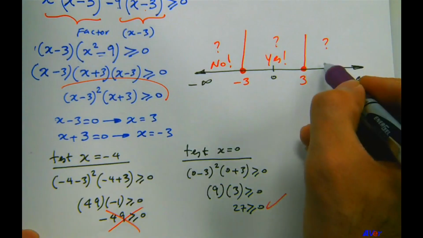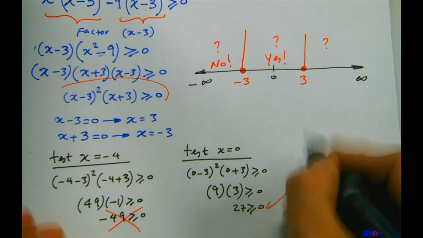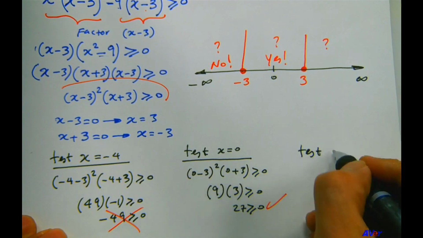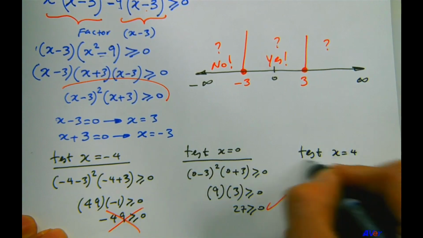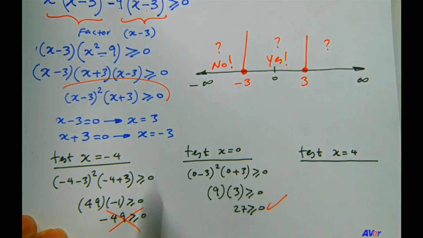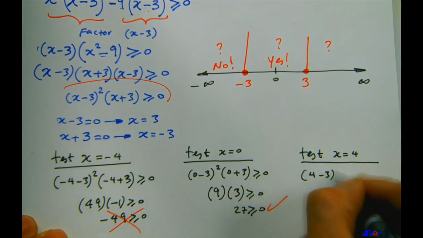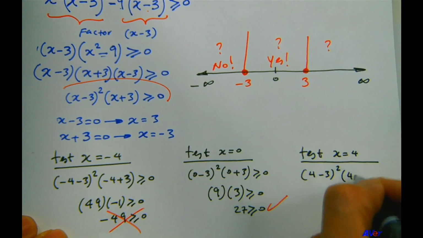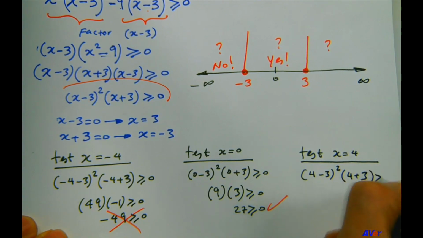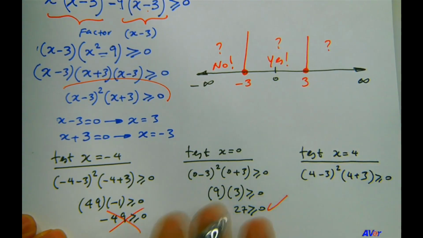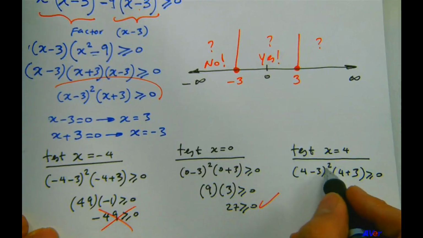Let's test another number in this region. The easiest one would be x equals positive 4. Again, we're going to plug in here. So 4 minus 3 squared times 4 plus 3 greater than or equal to 0. So 4 minus 3 is 1.